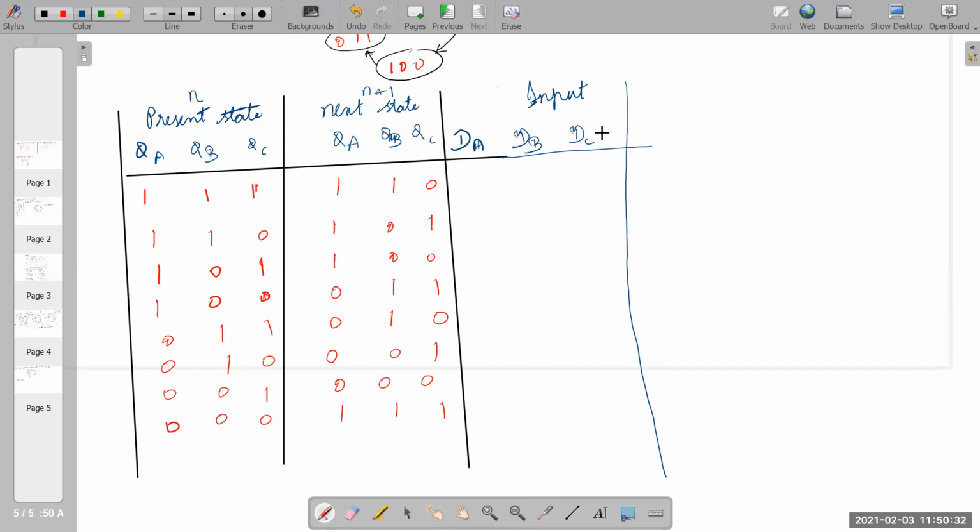Yes, JK needs 2 inputs, and you have only 1 input. Any other advantage? It is easy to remember the state table, because if you need 1 in the next state, you have to give 1. If you need 0, you have to give 0. So the next state is simply the input. If you give the input, that will come into the next state. That is why, what is the other name for D flip-flop?